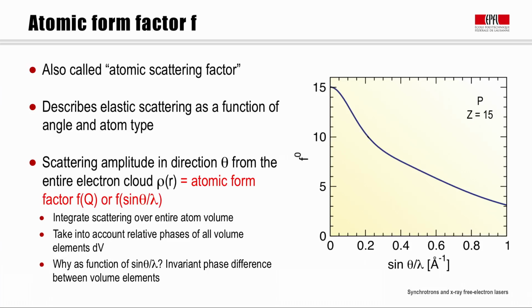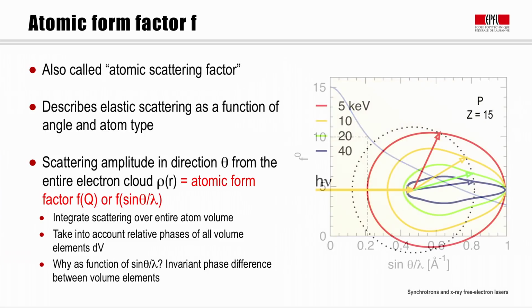If one performs one experiment at a certain energy and observes the scattering at a certain angle 2 theta, then if we increase the energy, in other words, decrease lambda, the same interference, in other words, the same phase difference between any two scattering elements dV of the electron cloud, will be the same at shallower angles. So, for the example shown here for phosphorus, an atomic form factor of 10 electrons will be observed at high angles for low energies and low angles for high energies.